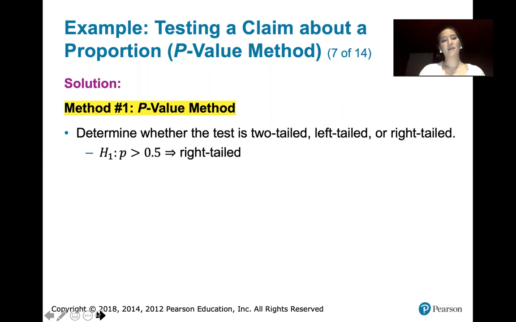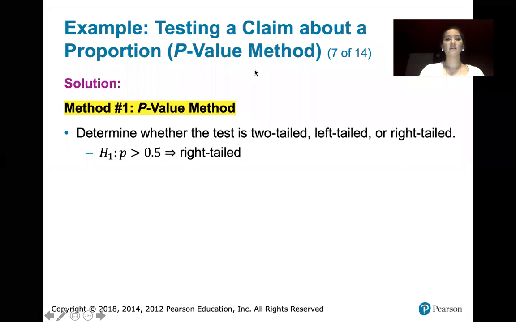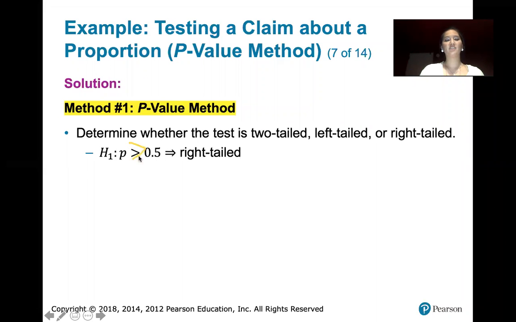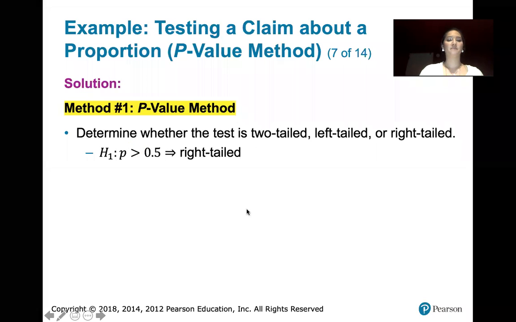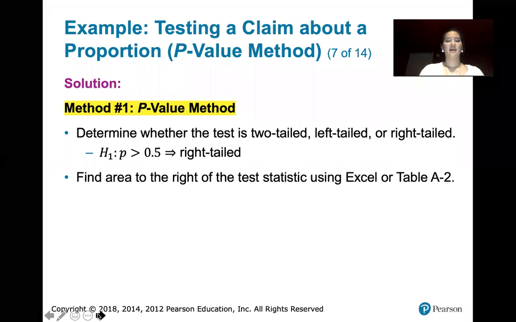So the alternative hypothesis says that p is strictly greater than 0.5. Now that arrow points to the right. You can think of it as an arrow pointing to the right. So this is going to be a right-tailed test. Now, since we have a right-tailed test, the p-value is the area to the right of the test statistic.